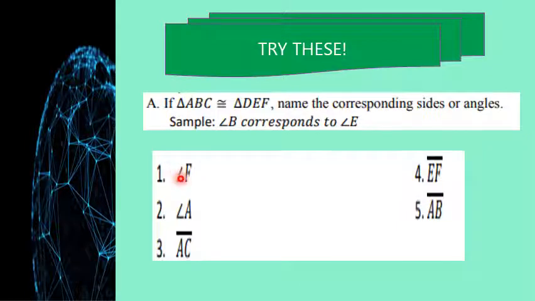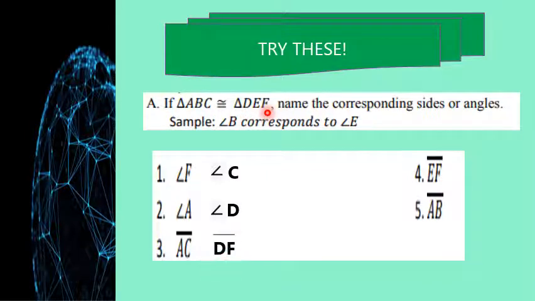Angle F. So as you can see, this is the statement. We have to know which are the corresponding sides or angles. So this is an angle, so the corresponding angle of angle F is angle C. Alright. Then for angle A, the corresponding angle is angle D. Then line segment AC, the corresponding side of line segment AC is DF.